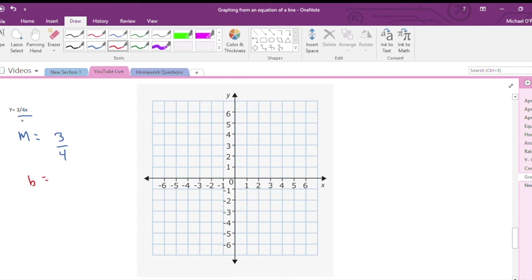But realistically, if it's blank, it's a 0. Therefore, where do we start it? We put our dot at 0, right there. Then we go up 3, 1, 2, 3, over 4, and we are good to go. Then let us draw our line.